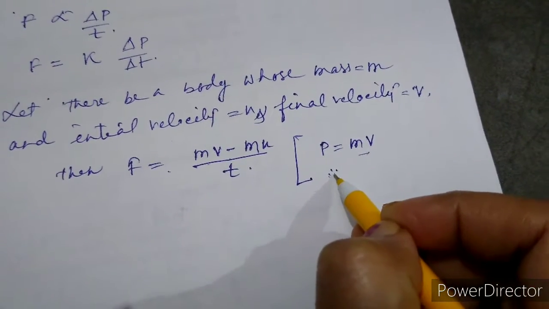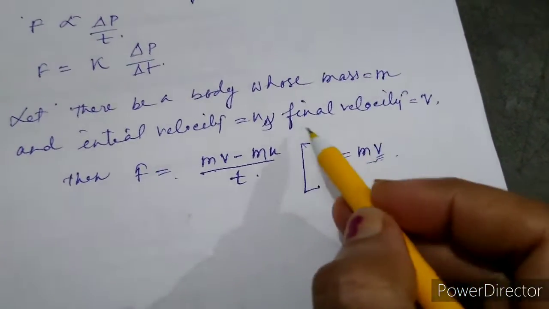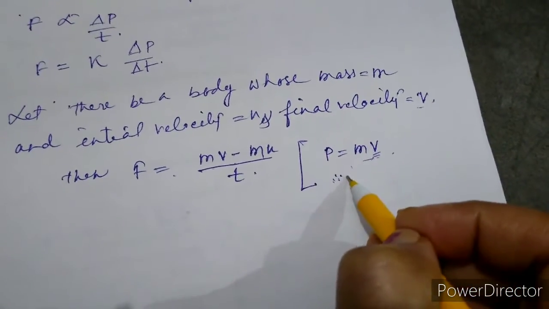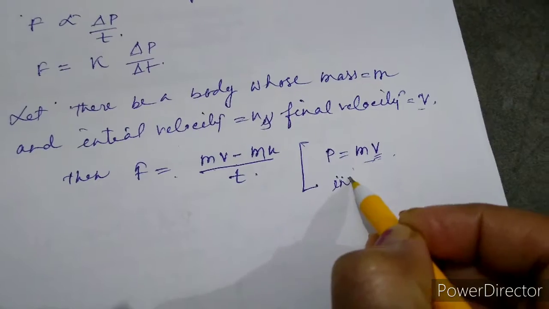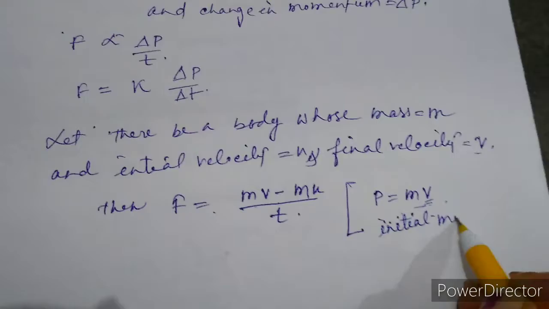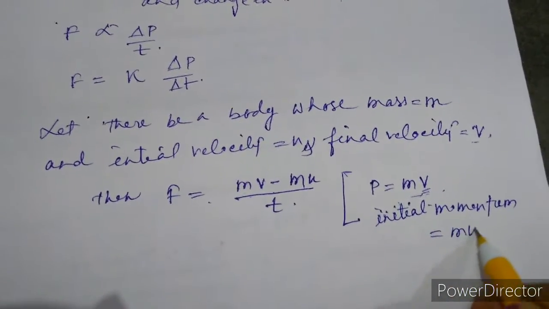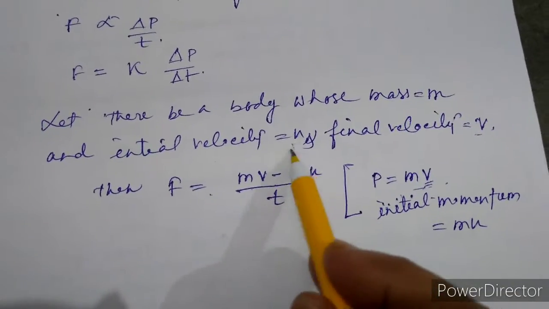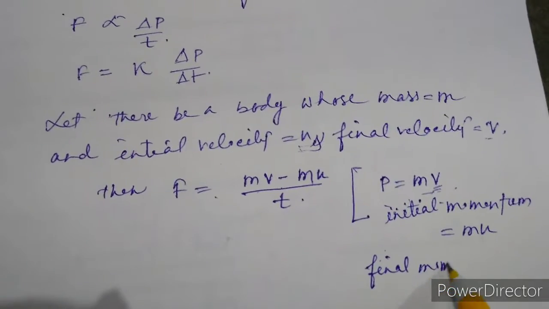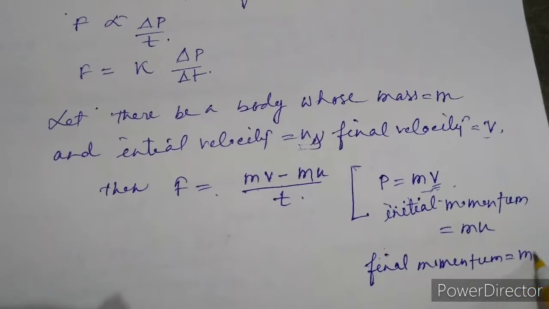Since the initial velocity is u and the final velocity is v, the initial momentum is equal to mu and the final momentum is equal to mv.